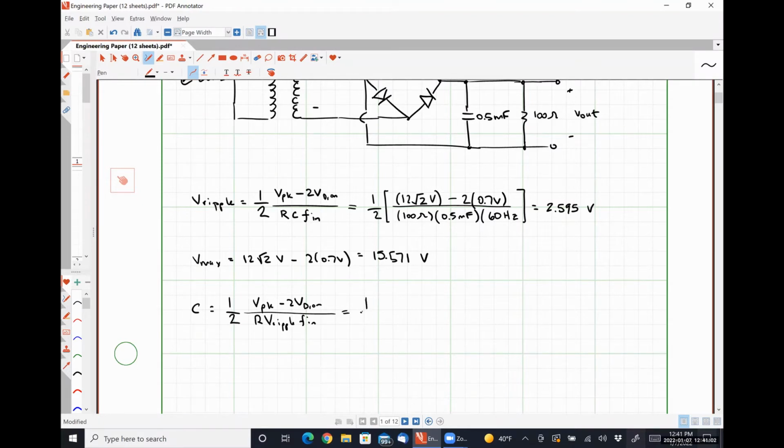So in this case, that's going to look like 1/2 of 12 root 2 minus 1.4, over 100 ohms times 1 volt times 60 hertz. So let's throw this in there.